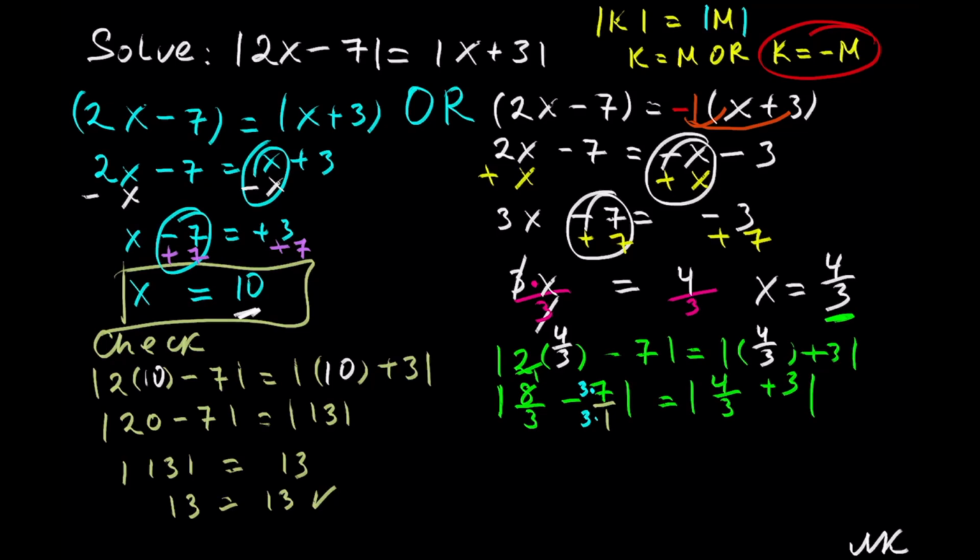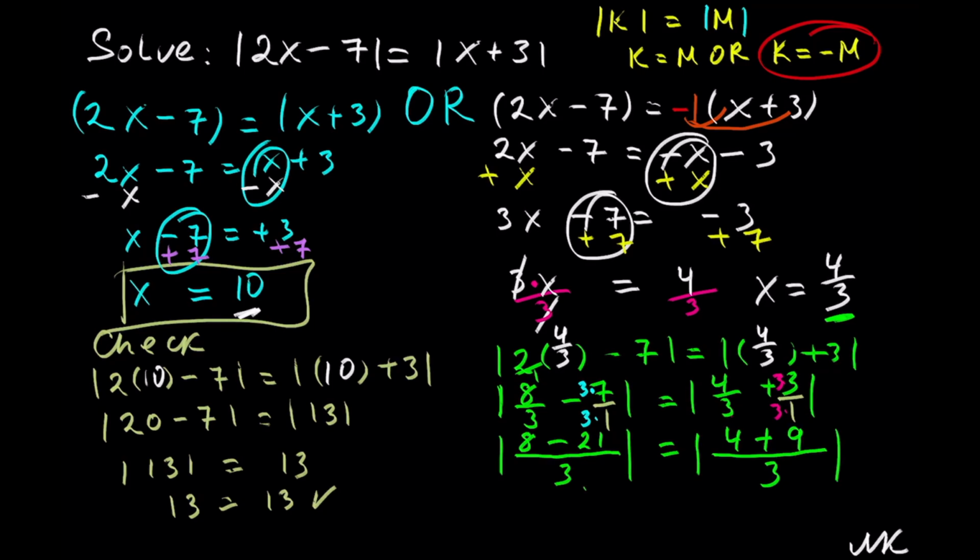We need to combine these two numbers as well. 3 is out of 1. Common denominator is also 3, so 1 times 3, numerator times 3. And we get absolute value. Common denominator is 3. In the numerator we have 8 minus 3 times 7 is 21. Close the absolute value, equals absolute value. Common denominator is 3. We have 4 plus 3 times 3 is 9.